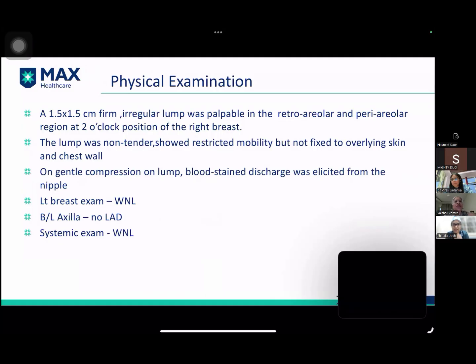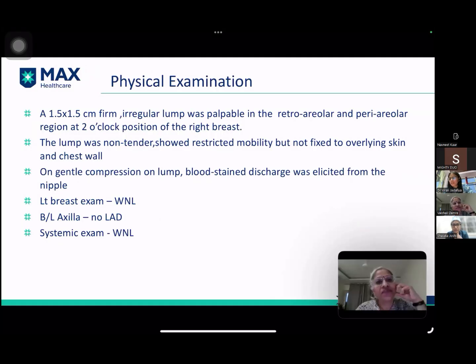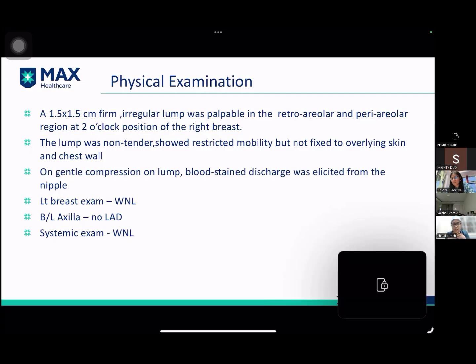Right, absolutely. Virali, can I ask you, what describes a discharge to be worrisome or pathological? Ma'am, especially serosanguinous, blood-stained, single duct discharge associated with a breast lump is worrisome. Without a lump, tell me 5 points that make you suspect or describe pathological nipple discharge.